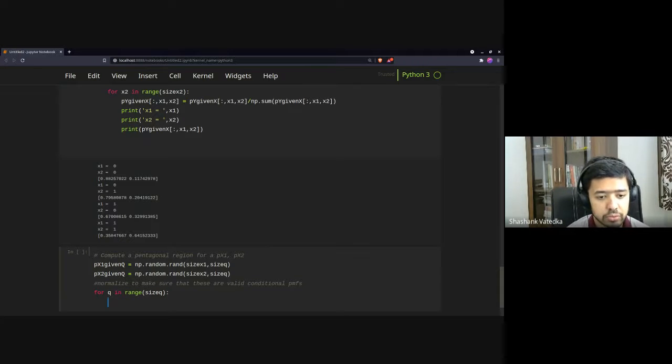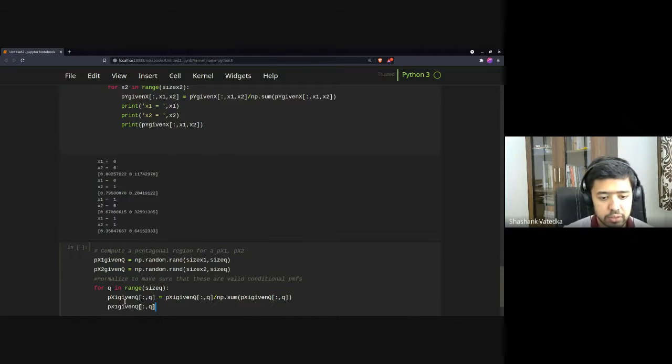So let's do that. So px1 given q is the same thing divided by the sum. I'm just normalizing.